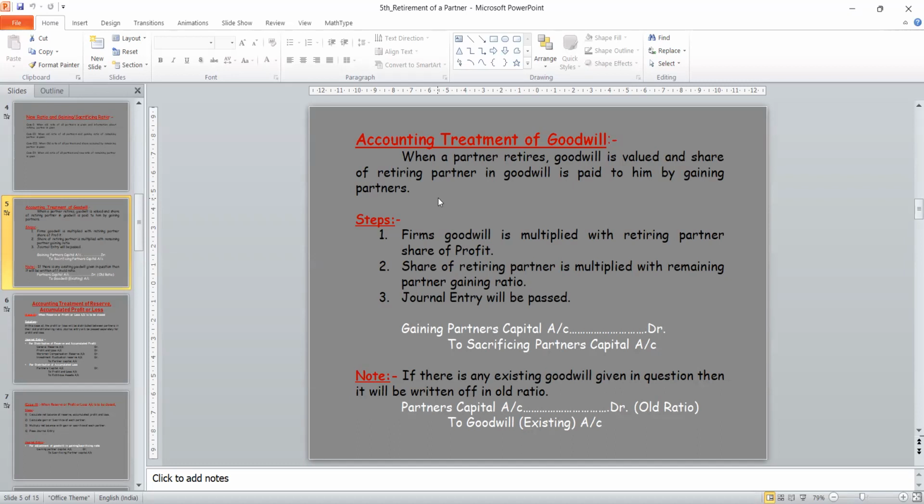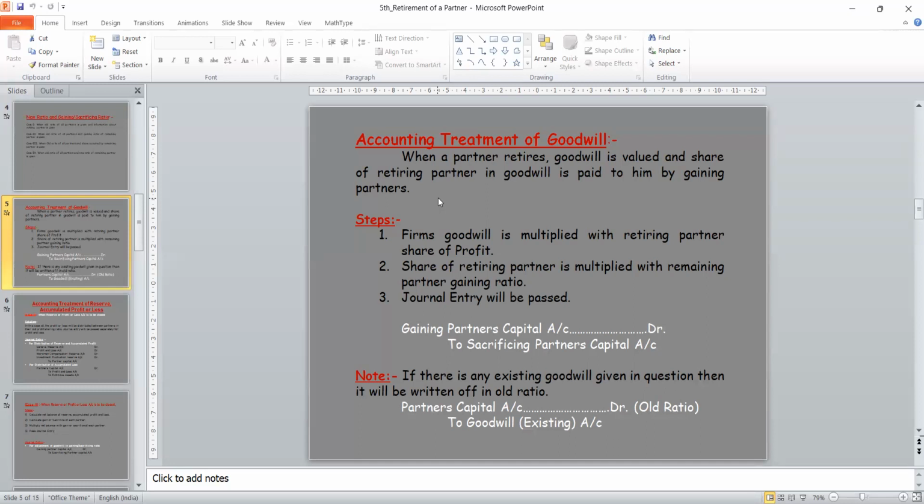But if all the remaining partners are getting something from the retirement of the partner, then they all will contribute in goodwill. Can you repeat this part?